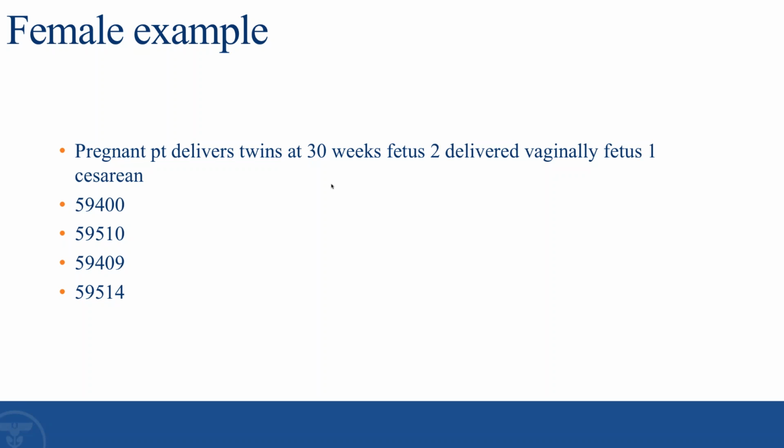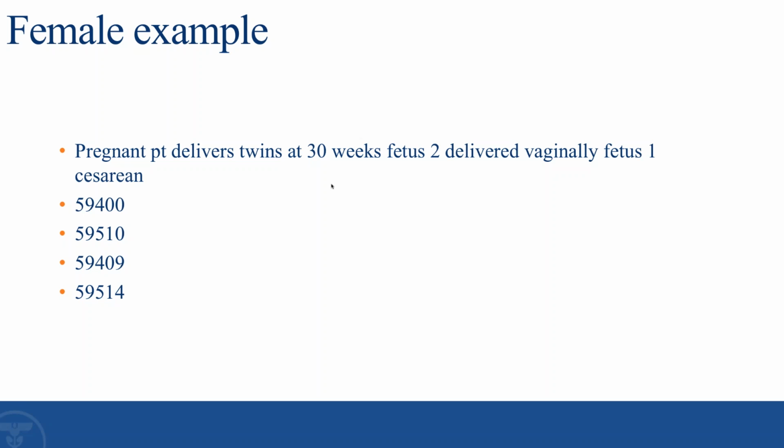Baby number 1 is delivered via cesarean, right? So what would we need to do? Because I just threw a curveball in. I told you how to code twins both cesarean, and then how to code delivery of twins vaginally. So now that we have one cesarean, she's just having a great day, right? She has one cesarean and now she's going to deliver the other one vaginally. How would you code that?